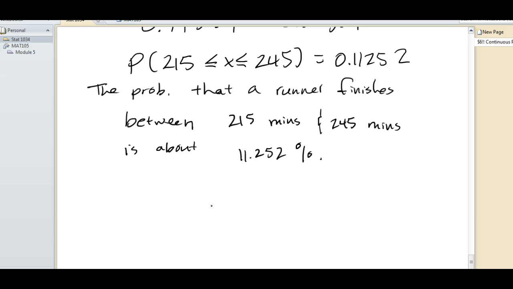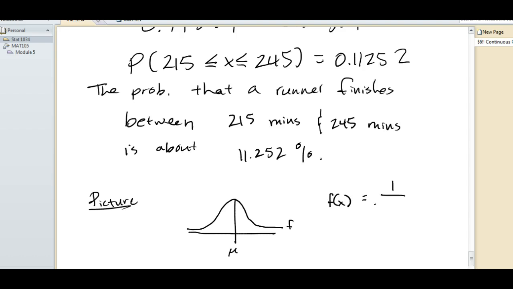If you're really interested, though, the function, so I kept drawing that picture where we have some normal distribution, where this is mu, and we have some sigma value, is actually the equation of this, if we call it f, given by f of x equals 1 over sigma times the square root of 2 pi, with e raised to the negative 1/2 times x minus mu over sigma, squared.